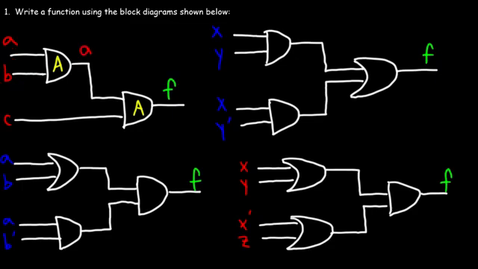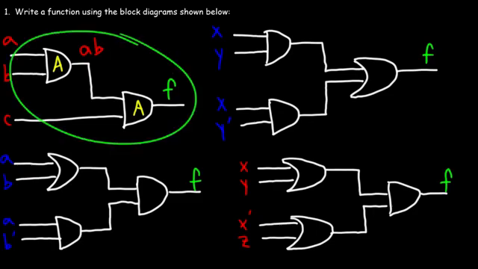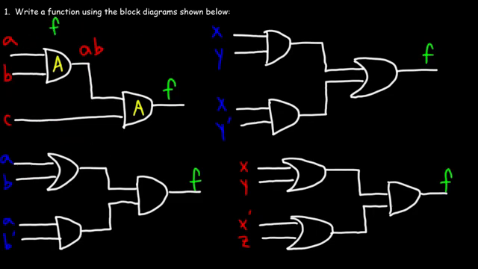The output will be A times B. Now the second AND gate will take this input, which is AB, and multiply it by this input, which is C. So the output of this entire circuit, represented by function f, is going to be the product of A, B, and C. So this is the answer for the first one.